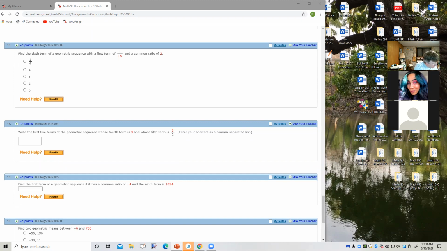So now we're in section 14.3, and a geometric sequence in general is a sub n equals a sub 1 times r to the n minus 1 power, where r is called the common ratio. We know that a sub 1 is 1/16 and the common ratio is 2.